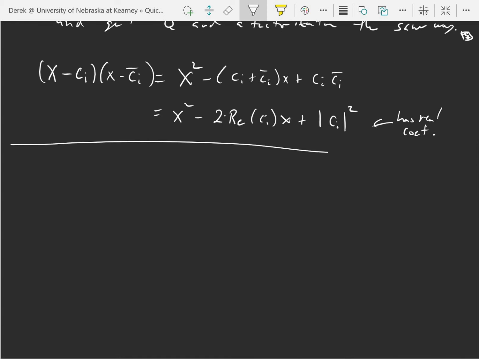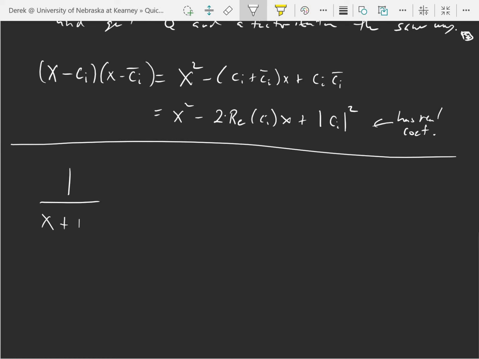Okay. So why is this useful for us? Well, we can always factor any polynomial with real coefficients into linears and quadratics, and this lets us work on partial fraction decompositions fairly easily, because we can integrate partial fractions when we integrate rational functions. We know how to integrate 1 over x plus 1.